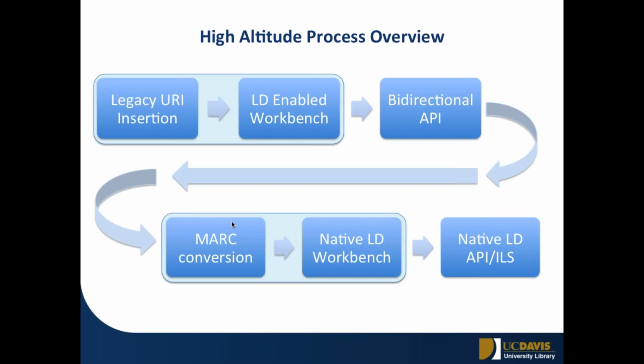So in there we have a process of inserting URIs in our legacy records, and again, I'm going to talk in detail about each of these stages and steps. We also have a question of utilizing, in that second box, LD-enabled Workbench, how we can continue to work in a MARC world but capitalize on the linked data that's already being published out there.